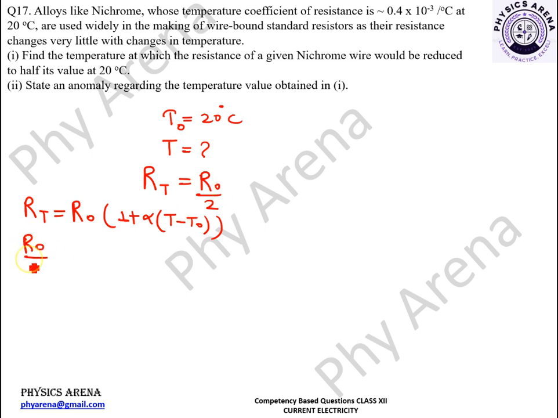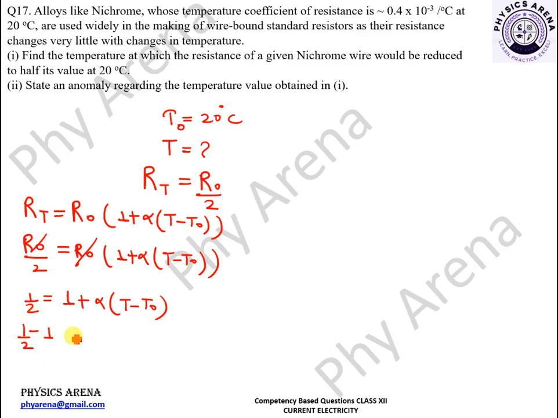Using the values, R naught by 2 has to be equal to R naught times 1 plus alpha times T minus T naught. This R naught gets cancelled out with this R naught, and half is equal to 1 plus alpha times T minus T naught. When we take this 1 to that side, it will be subtracted from half. So half minus 1 is equal to, using the value of alpha as 0.4 multiplied by 10 to the power minus 3, times T minus 20, because T naught is given to us as 20.